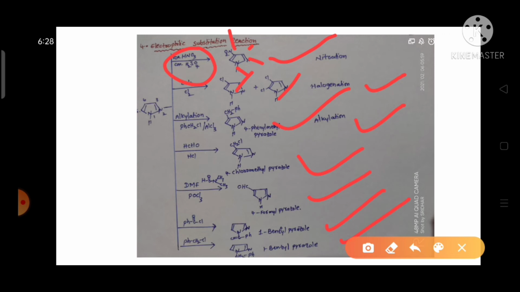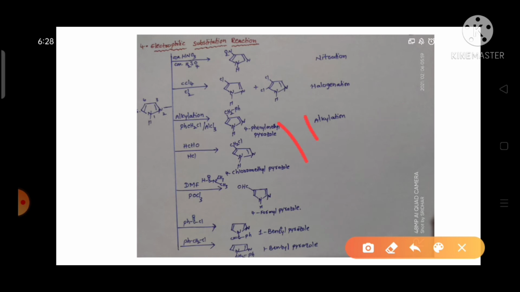Chloromethylation: for chloromethylation we use a mixture of formaldehyde and hydrochloric acid. So we get the chloromethyl group. Methyl group is CH3, and CH2Cl group is the chloromethyl group. And next one is formylation. For formylation we use dimethyl formamide.